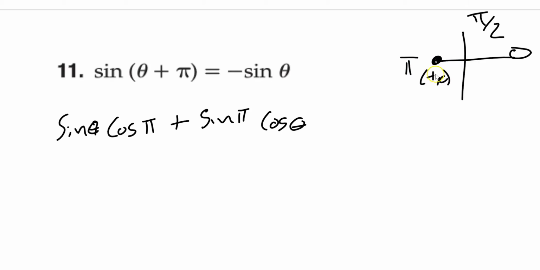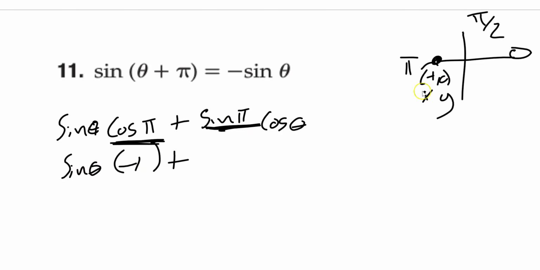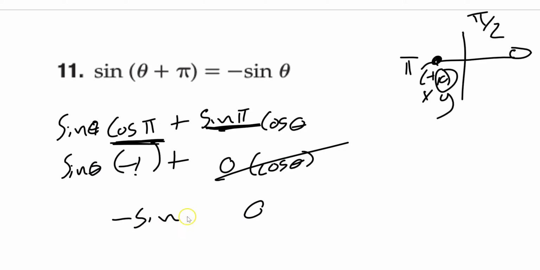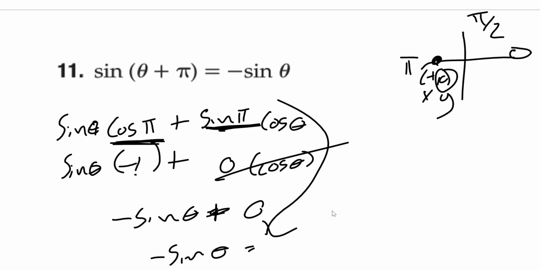Again, we went to the left, so x is negative 1, or use a table, whatever. Cosine's the x value, so negative 1. Sine's the y value, so 0. And look what happens. These cancel out to 0. Negative 1 times anything is still negative, and it's just plus. Negative sine theta. Boom, they match. So that's the whole idea.